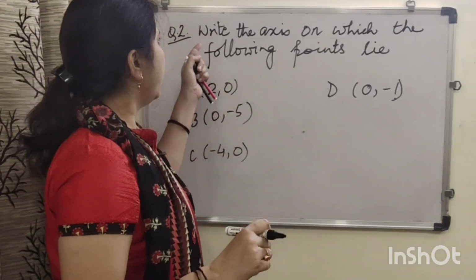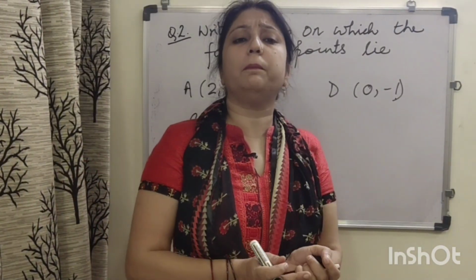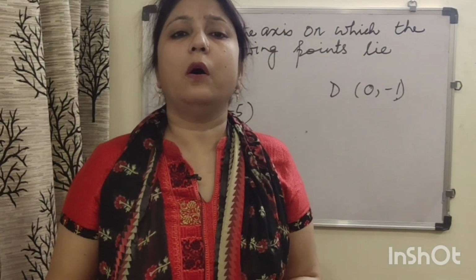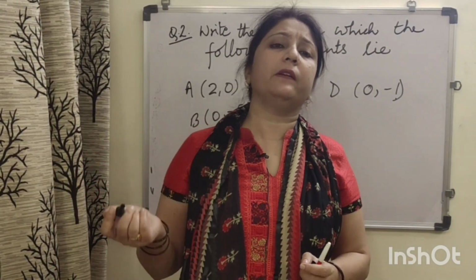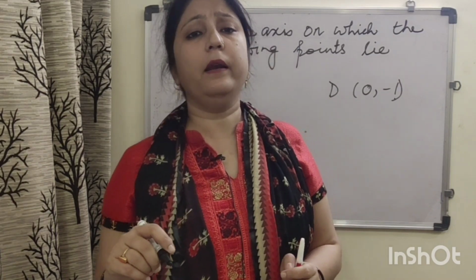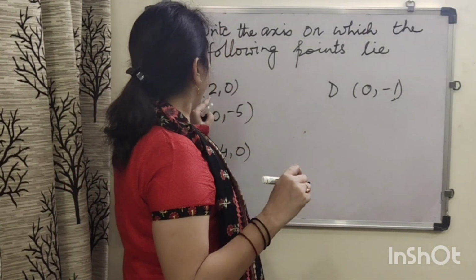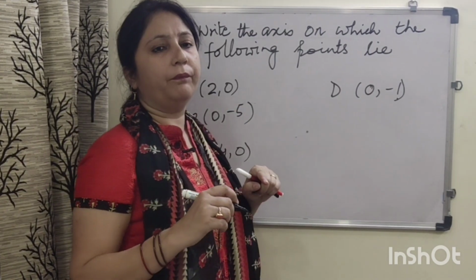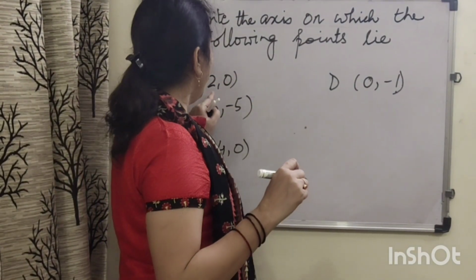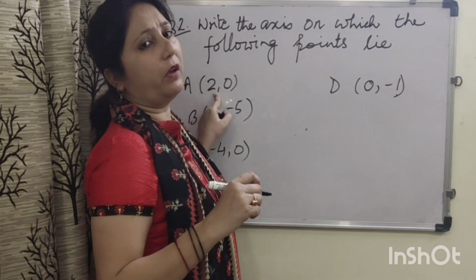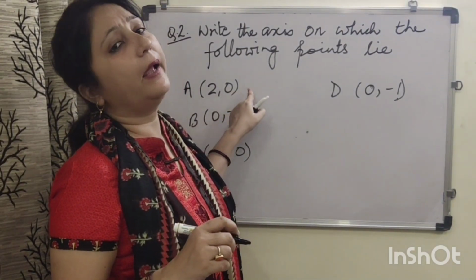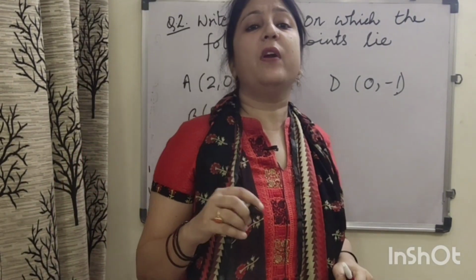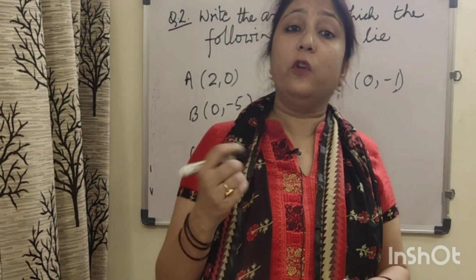Now here is another question. You have seen through the plotting of the points, how can we find out on which axis a particular point can lie? Now look here, the first point A, 2 comma 0. Children, if you look carefully, x value is given as 2 whereas y is 0. Where do we find y 0?